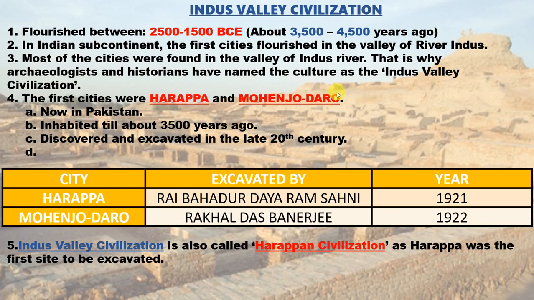Okay, Harappa and Mohenjo-daro were the first cities which were excavated, one in 1921 by Rai Bahadur Dayaram Sahni, and one in 1922 by Rakhaldas Banerjee. And Indus Valley civilization was named because the archaeologists found most of the cities along the Indus River. That is why they named it Indus Valley Civilization. And they also called it Harappan Civilization because it was the first site to be excavated in that particular region.